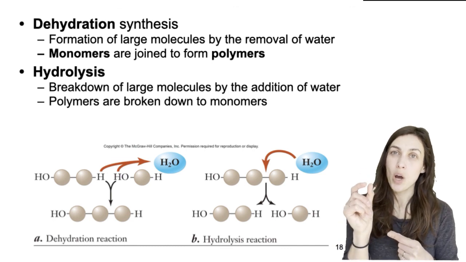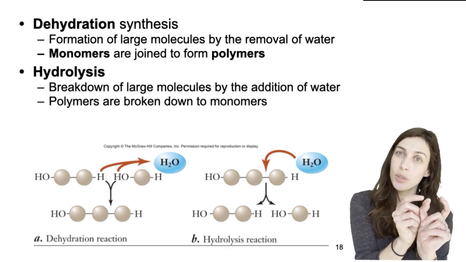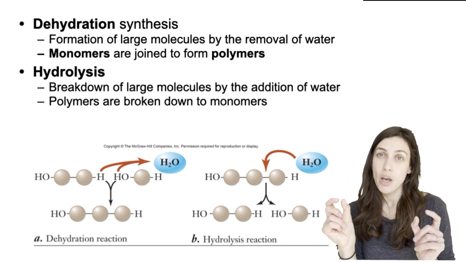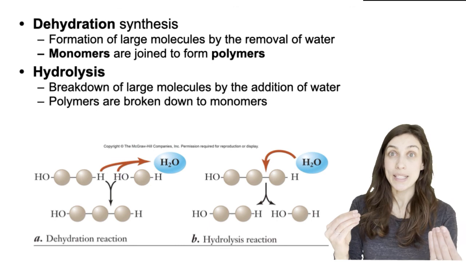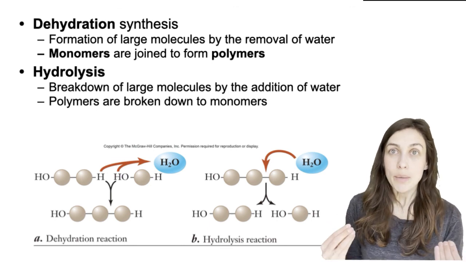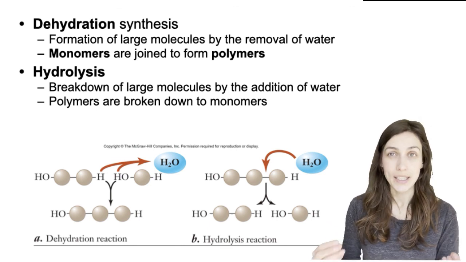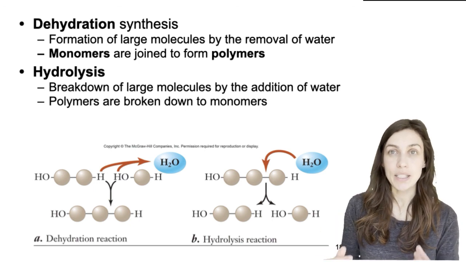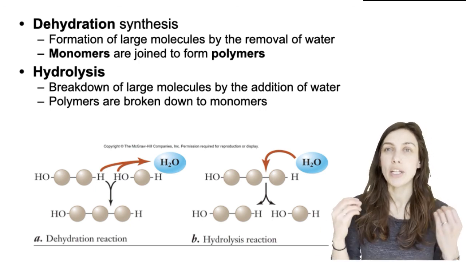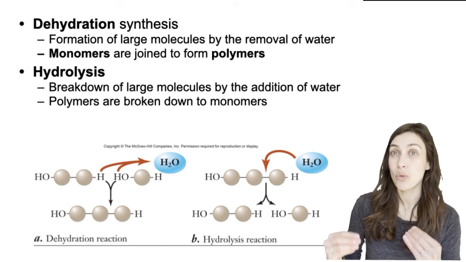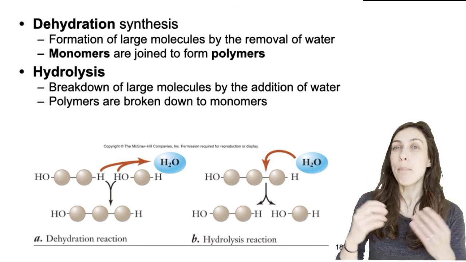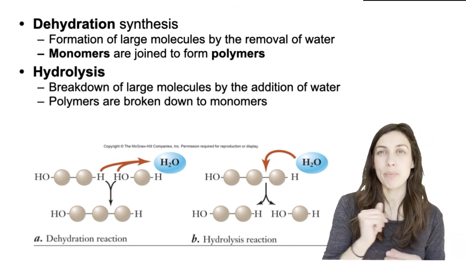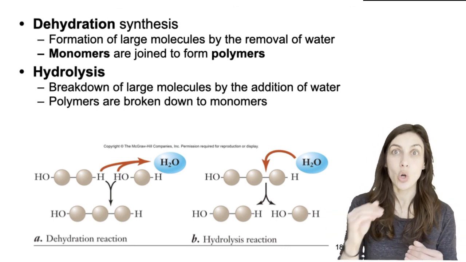H from the water will connect to one of the monomers, OH from the water will connect to the other of the future monomers, and you separate them. And that process is called hydrolysis. Hydro means water, and lysis means to break apart. So hydrolysis is to break with water. So polymers are separated into their individual monomers by a reaction called hydrolysis.